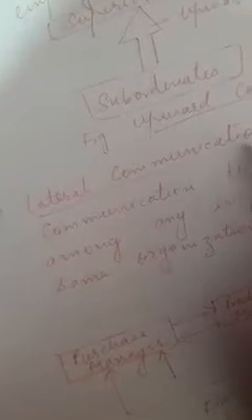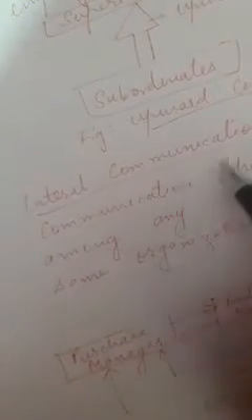Now, third, we have lateral communication. What is lateral communication? When information flows horizontally among individuals who are at the same level in the organization. Like if you have two vice presidents in the earlier example, vice president marketing and vice president production, they can communicate among themselves.